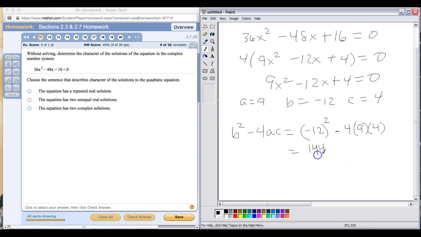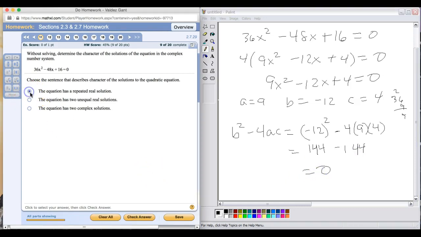We have 4 times 9 is 36, and then 36 times 4 is 144. In this case, we see that they're both equal, so our result ends up being 0. Since our result is 0, we know that's the case where we have repeated solutions.